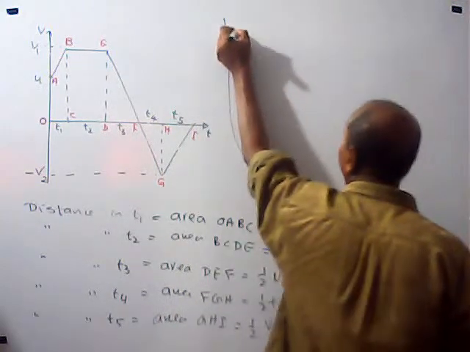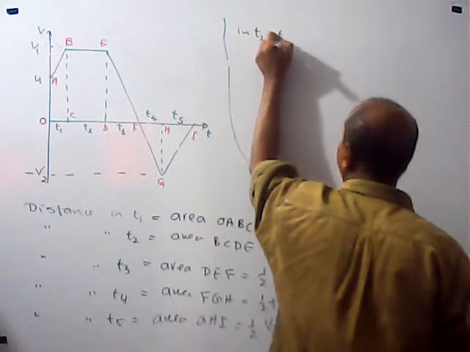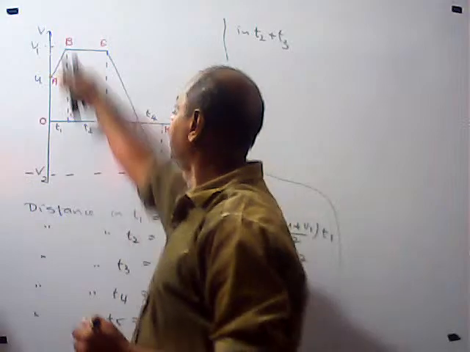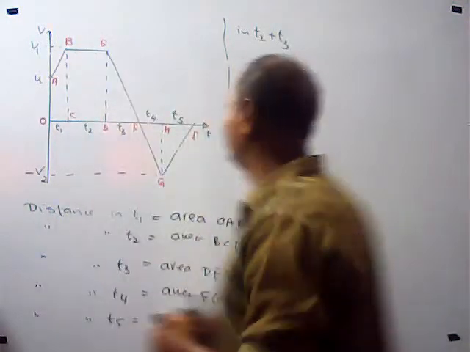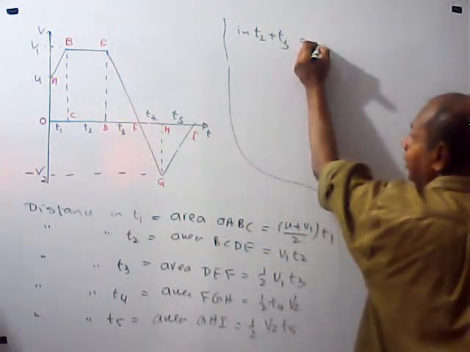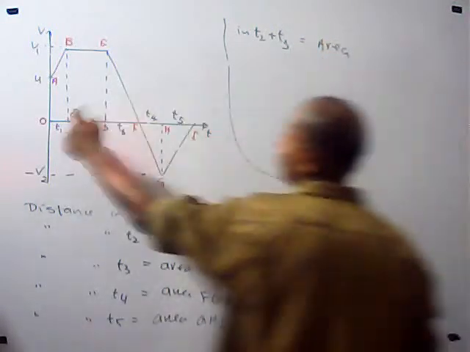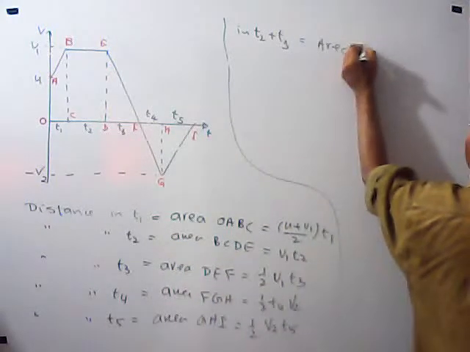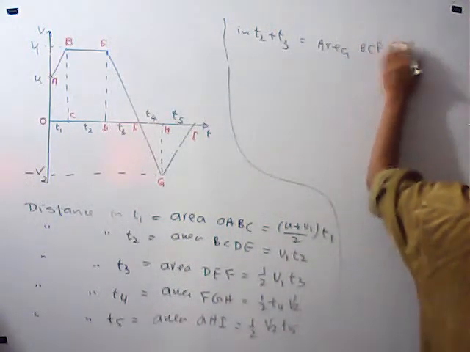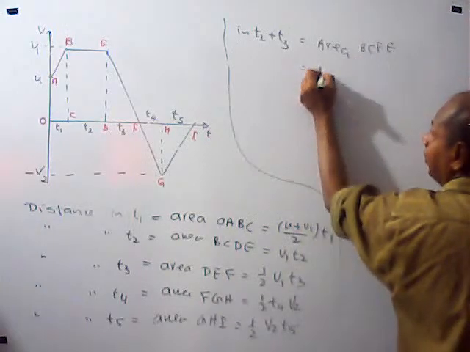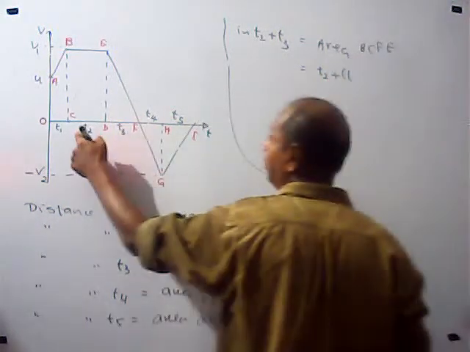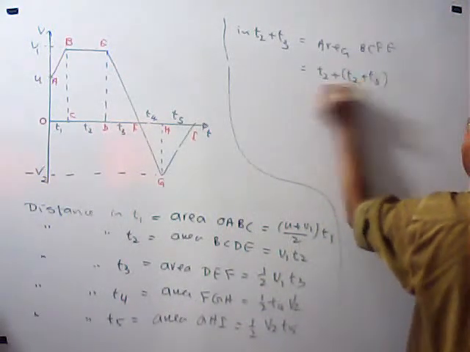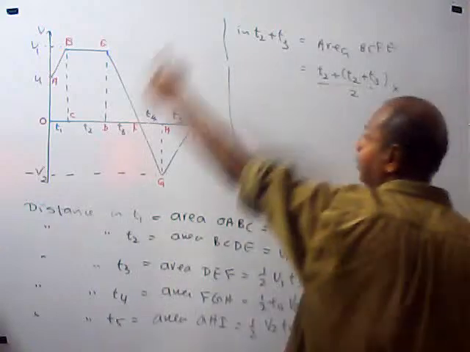Distance traveled in T2 plus T3 is again a trapezium, area BCFE, equals T2 plus T3, the two parallel sides, divided by 2 into the height V1.